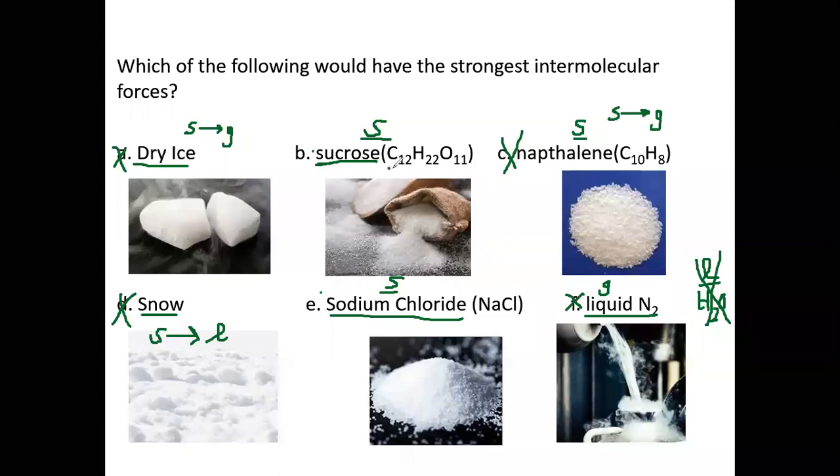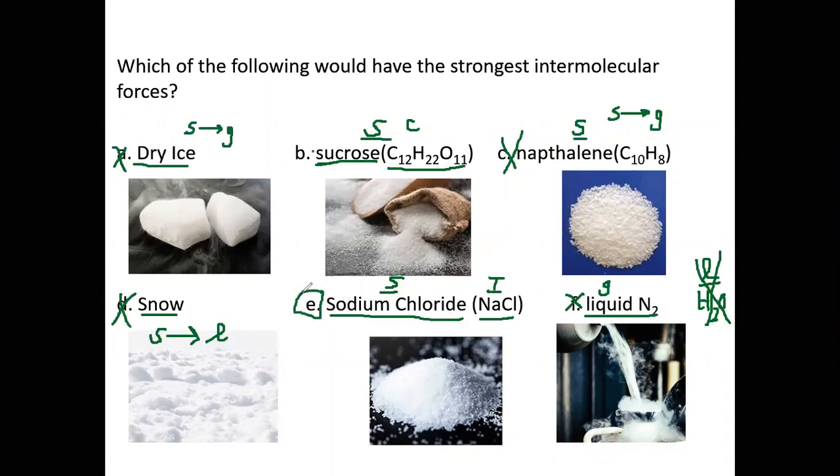Likewise, you'll see that sucrose is made up of all nonmetals, whereas sodium chloride is made up of a metal and a nonmetal. So sucrose is a covalent compound. Sodium chloride is an ionic compound. And the fact that sucrose may melt first, but then decomposes at a relatively low temperature, means that sodium chloride, which is a salt, would have the strongest attractive forces.